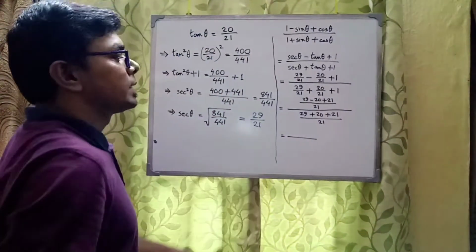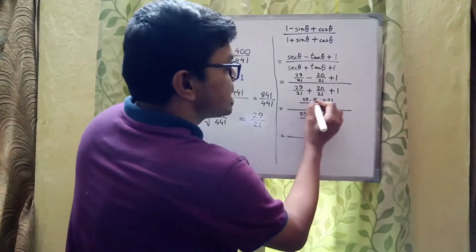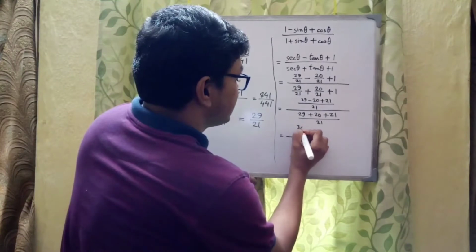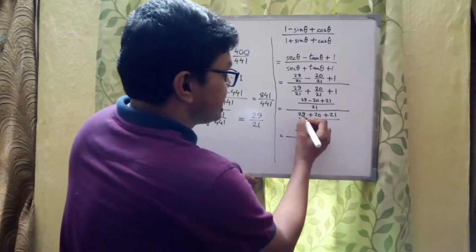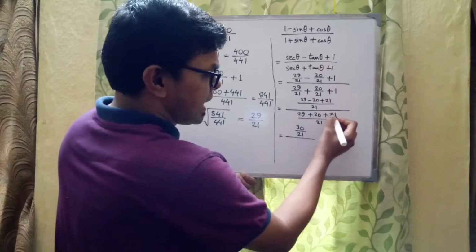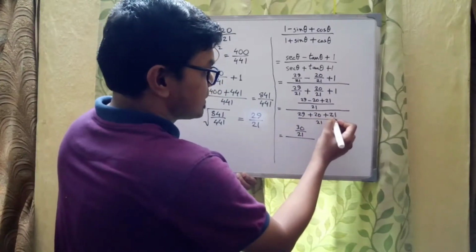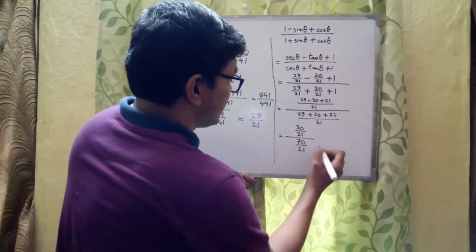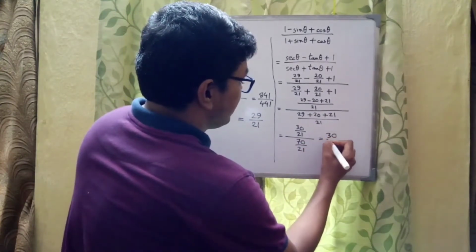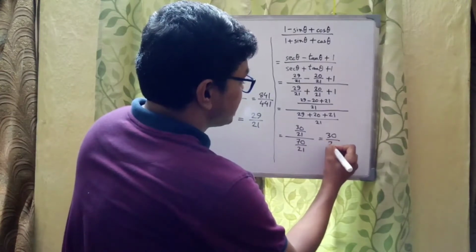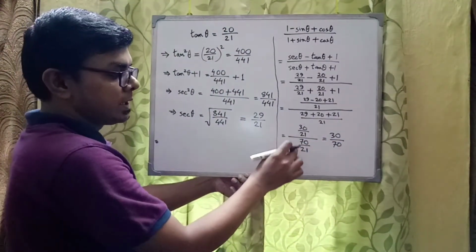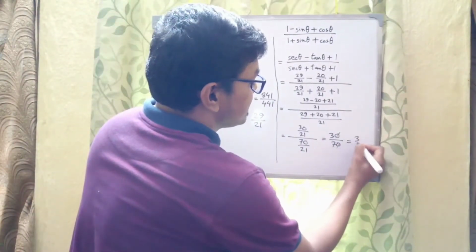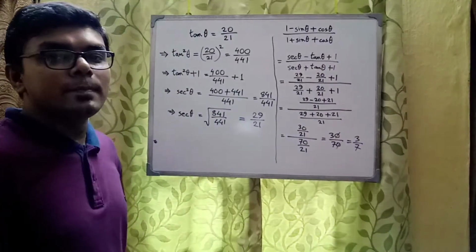So if we see, this is actually 29 minus 20, that is 9, 9 plus 21 is 30, so it is 30 by 21, and here if we add 29 plus 20, that gives us 49, 49 plus 21 gives us 70, so it is 70 by 21. So that is actually 30 by 70, because the 21 and 21 both being in the denominators, they get cancelled out, so we are left with 3 by 7, which is the required right hand side.